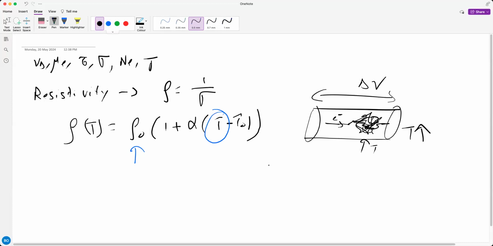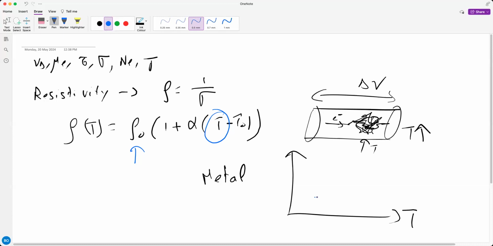Please remember this. For a metal, as a function of temperature, the resistivity increases and the conductivity decreases. Is this clear, please?